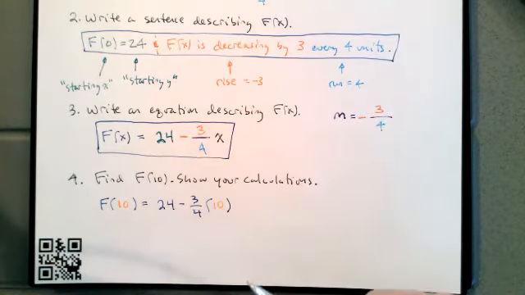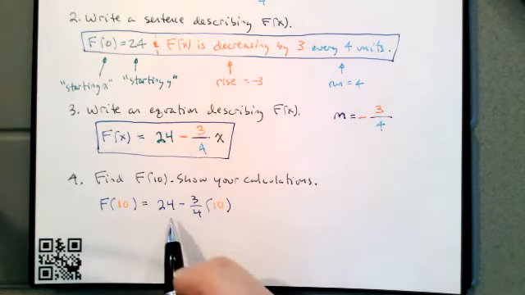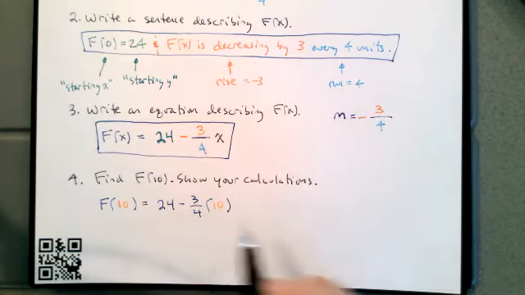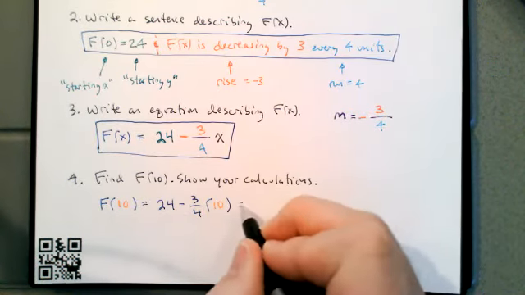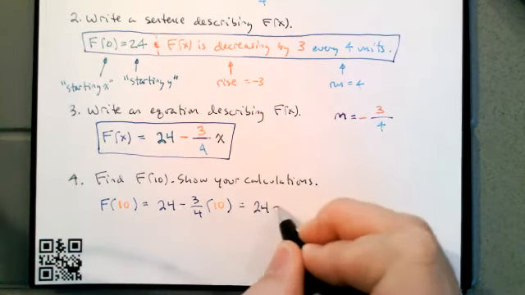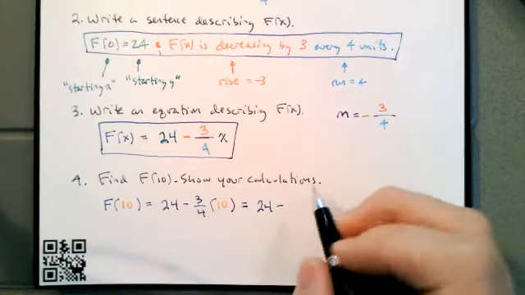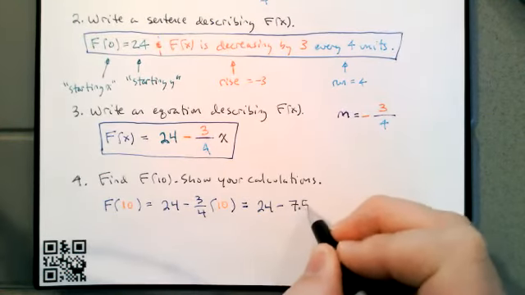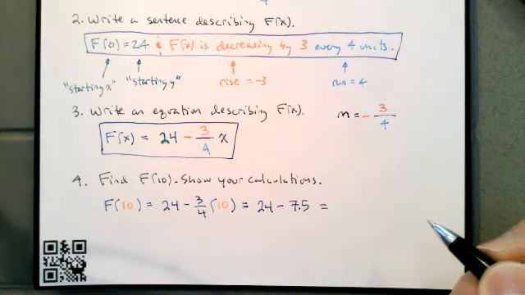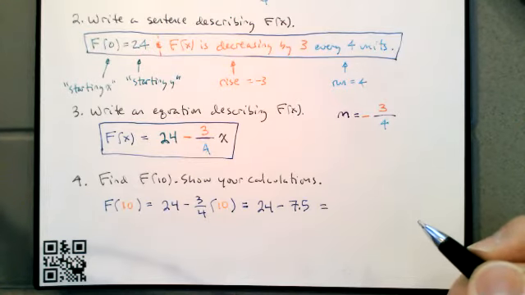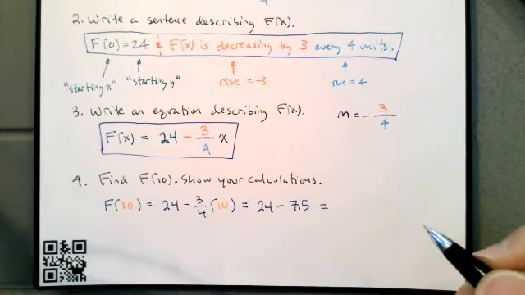Now we just need to simplify using the order of operations. We have subtraction and we've got multiplication, and the order of operations says multiplication before addition. So this is going to be 24 minus 3/4 of 10, which is 7.5. And then we just need to do 24 minus 7.5. So 24 minus 7 will be 17.